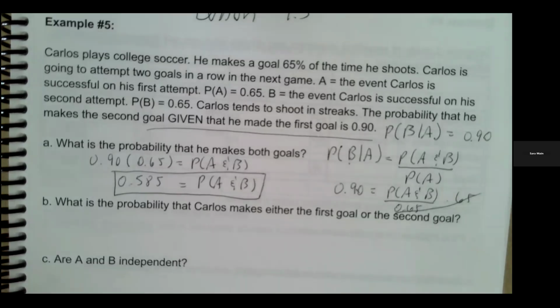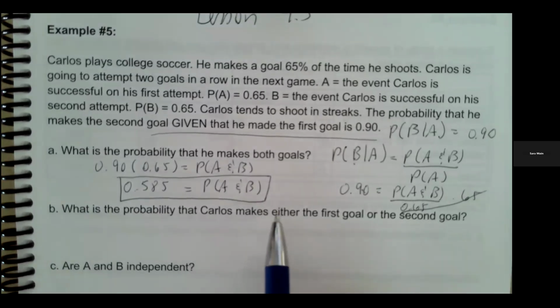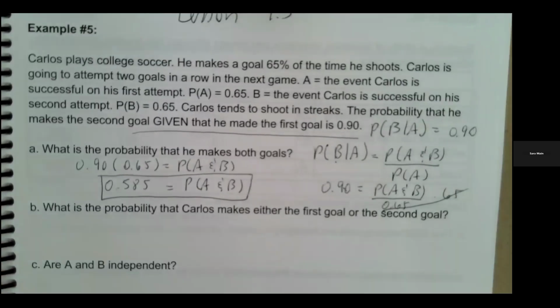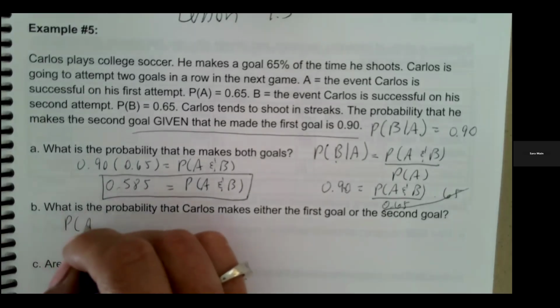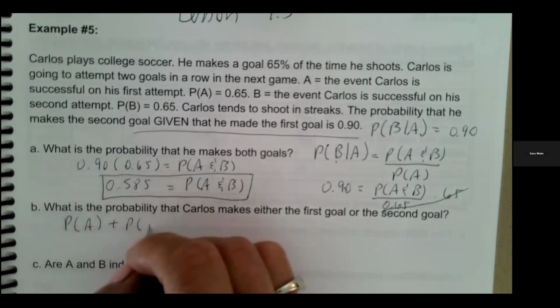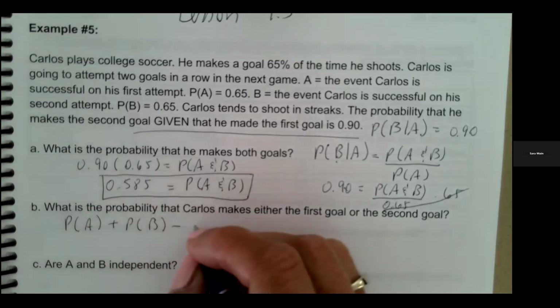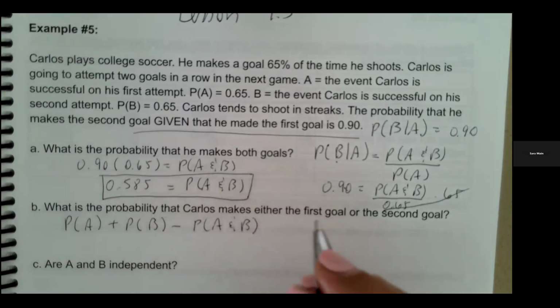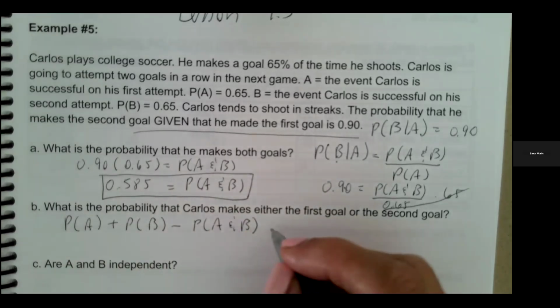Okay. What is the probability that Carlos makes either the first goal or the second goal? Okay. So the first or the second means that we have to consider if there's an overlap, meaning he makes both goals, which we did find in part A. So we really want to find the probability of A plus the probability of B, and we're going to subtract that overlap where he makes both goals because we don't want to count that twice.